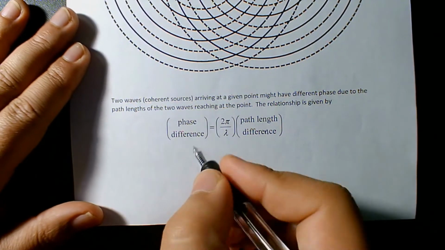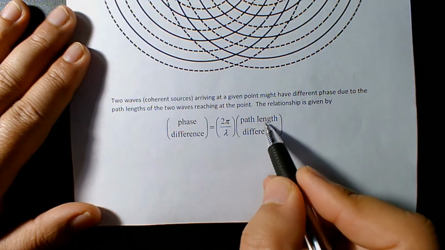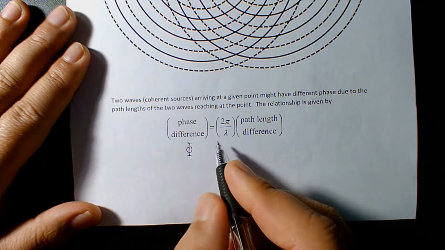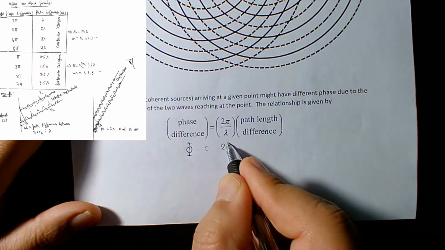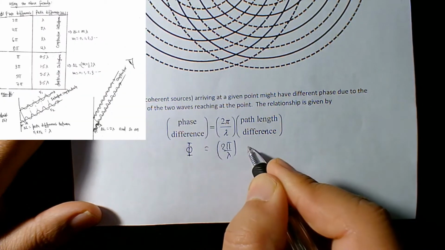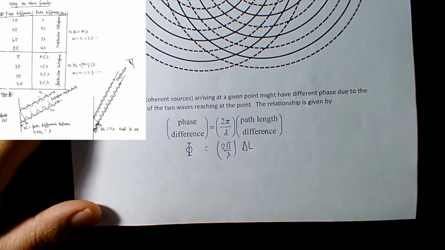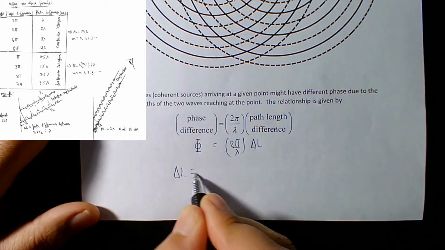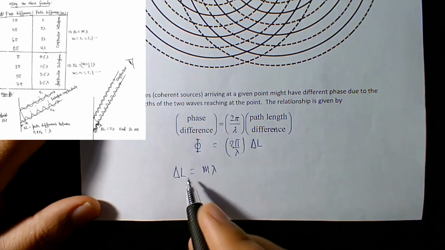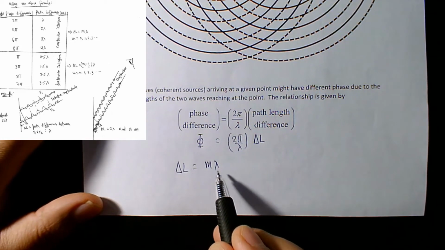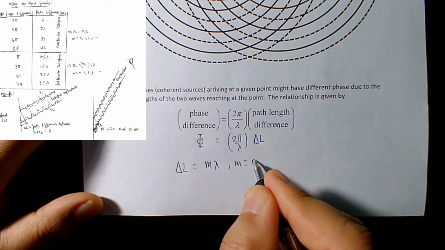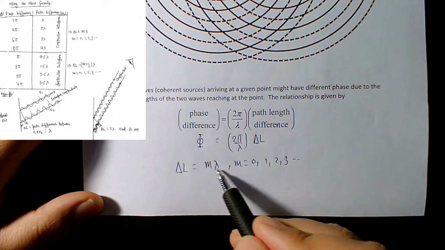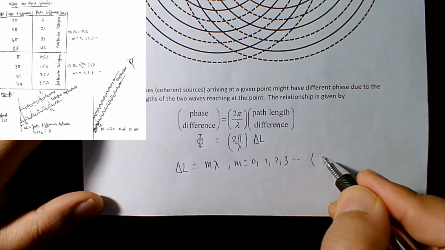Using this idea, let's say phi is the phase difference between two waves reaching any point, which is 2 pi over lambda times the path difference, let's call it delta L. So if delta L is m times lambda, if the path difference is an integer whole number of lambda, where m can be 0, 1, 2, 3, then they will meet in phase.